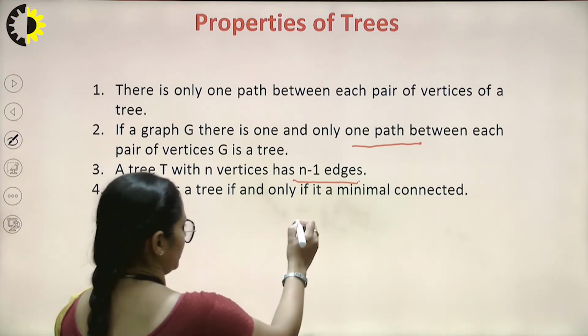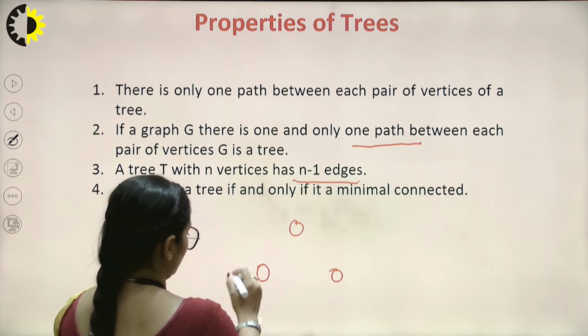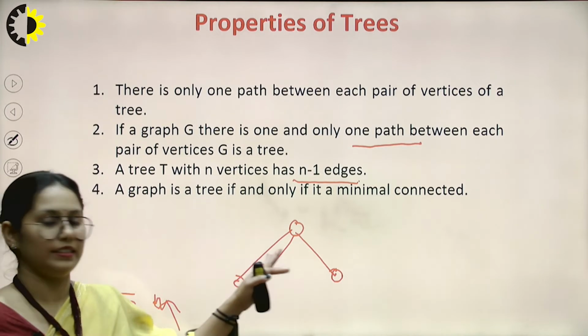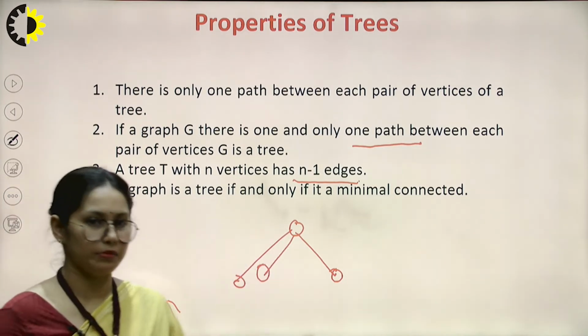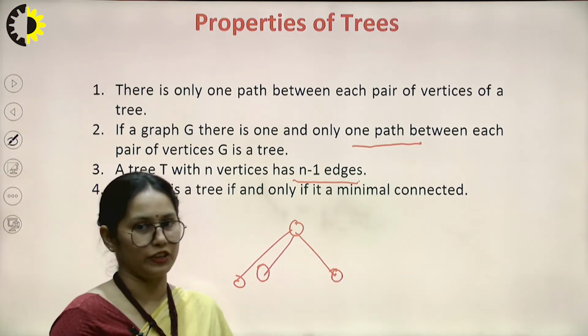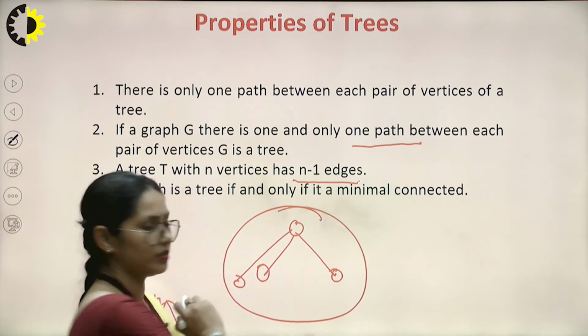If I have nodes like this, and there is a minimal connection, that is one edge between two nodes, then this particular graph would be known as a tree.